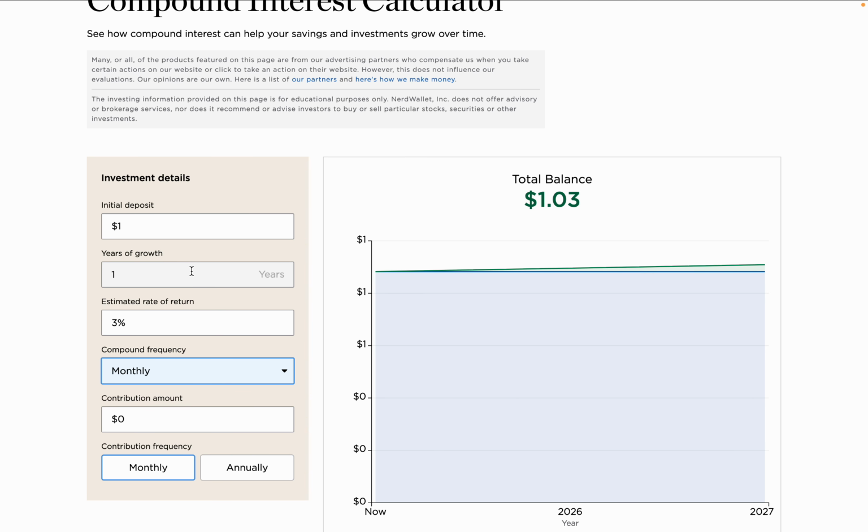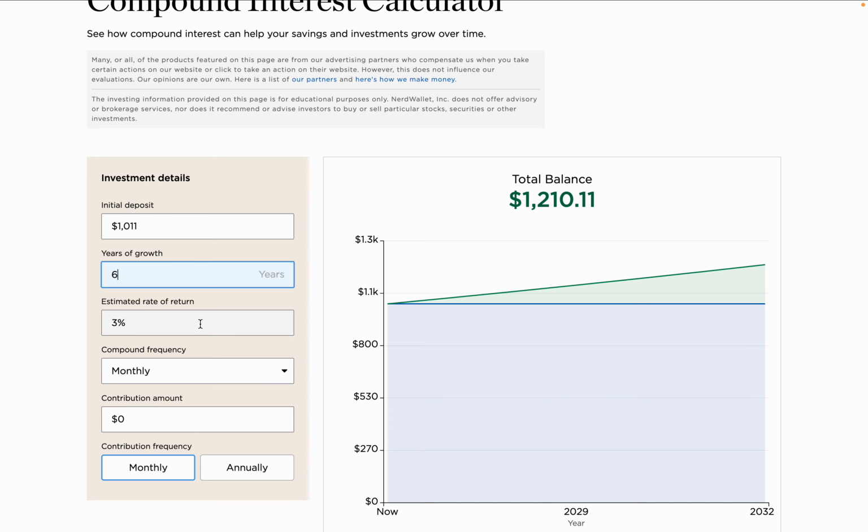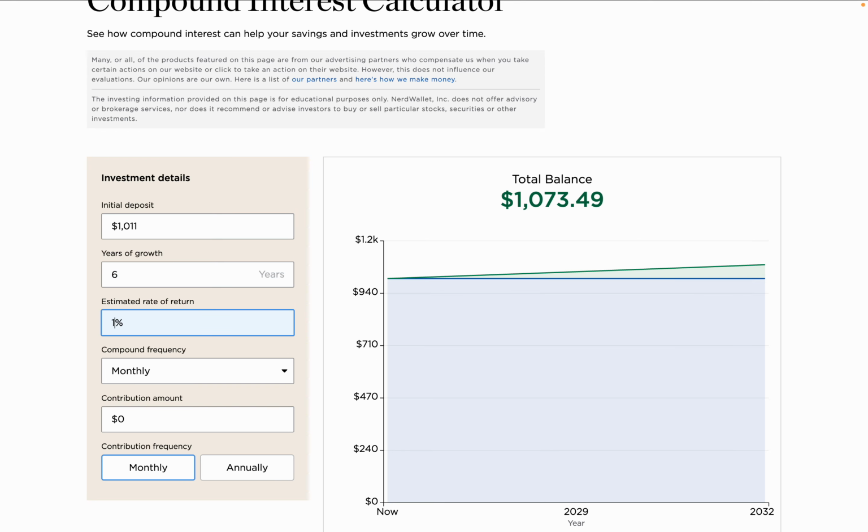So we will go down here. All right, let's start with the 6 year scenario. Okay, we will assume you are starting with $1,011. Let's change the years of growth to 6 years. And for the average annual return, we'll change this from 3 to 10%.